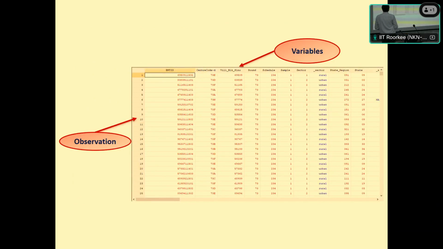So usually in all our data sets we have observations this side and variables on the vertical axis. So all the variables are here and these are the observations.